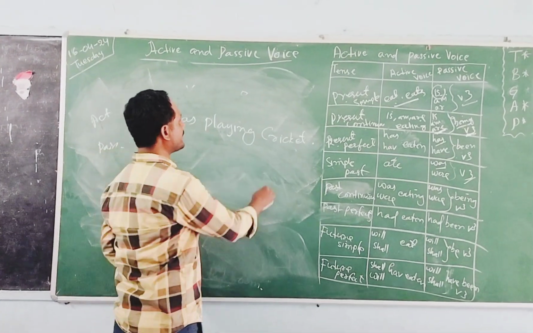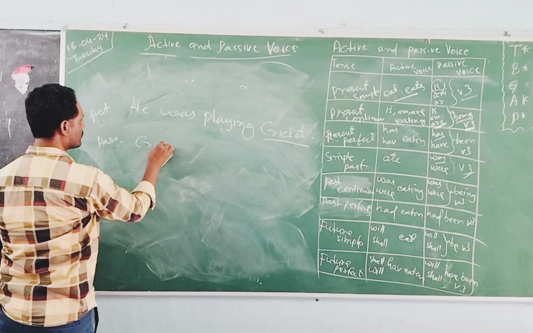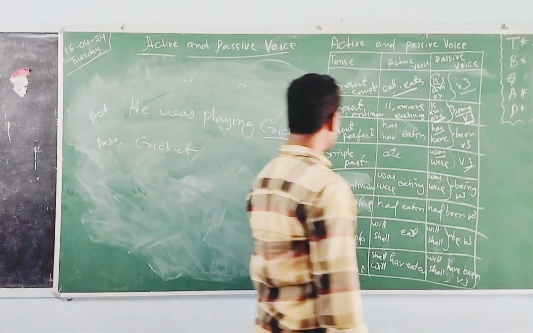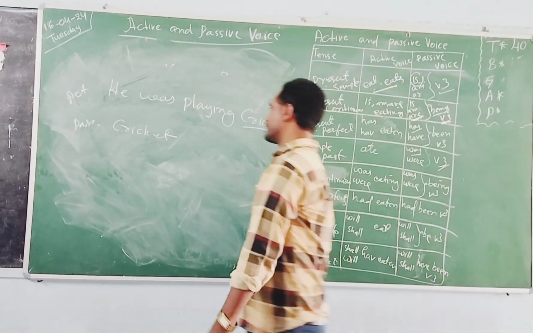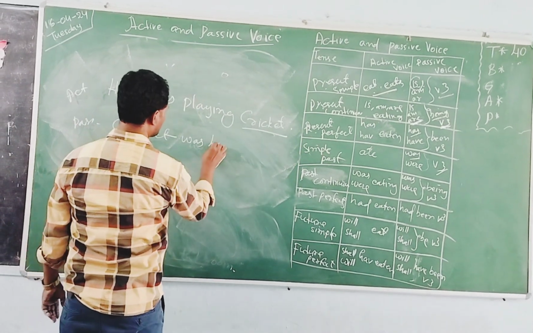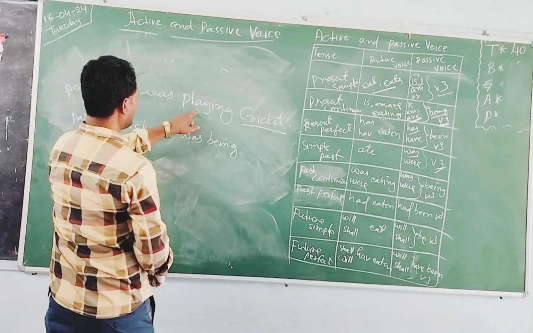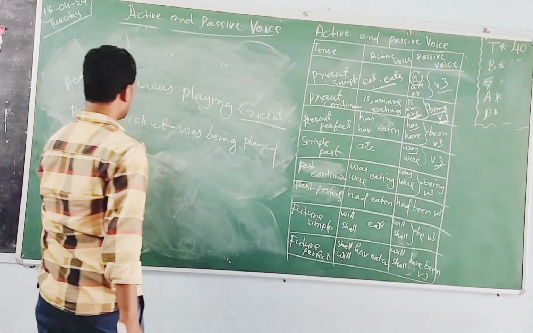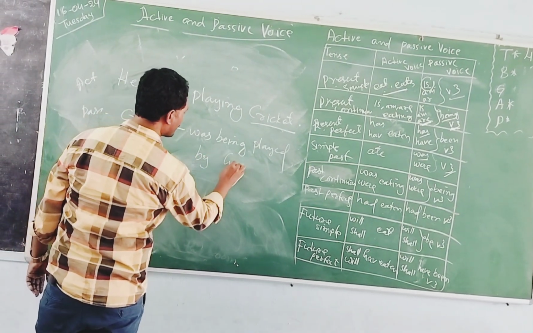Let us take the object, cricket. Singular or plural? Singular, so we take a singular helping verb. Cricket was. What's the next one? Being. After being, verb 3. Play means played. Cricket was being played by him.